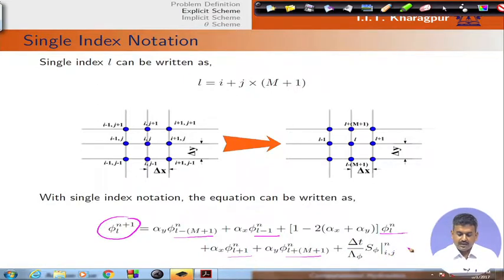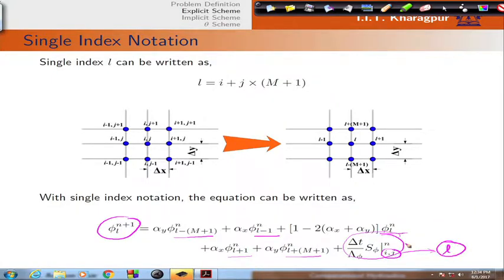So, with this information we can get the discretized form of our governing equation with single index notation.